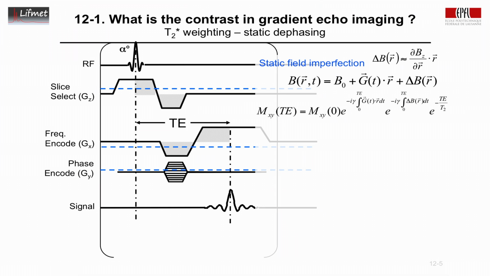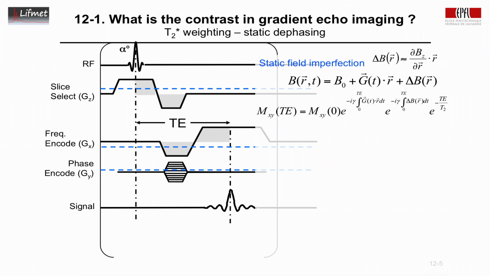Now our magnetization at time TE, the signal, our echo at this time, is given by the magnetization just after the pulse. We'll assume we have perfect refocusing of the slice selection. Then we have e to the minus i gamma integral from 0 to TE of the effect of the gradient. Actually, you can include the slice here as well. This will be nullified, but we have the effect of the gradient, and we've seen that the phase term is proportional to the time integral of the gradient G of t times r.